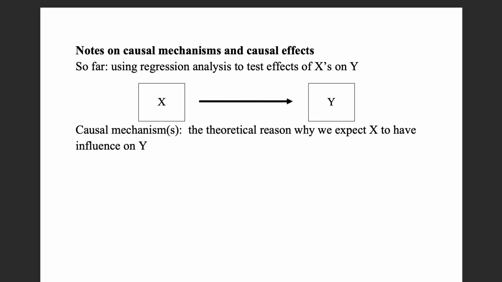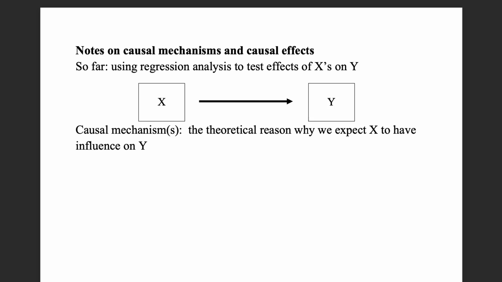So basically it is the theoretical story that goes in between these things. For instance, if we have a theory that predicts that more income should lead to more satisfaction with the government, then that theory should specify the causal mechanisms that lead to this effect. So why is it that more income leads to more satisfaction with government?